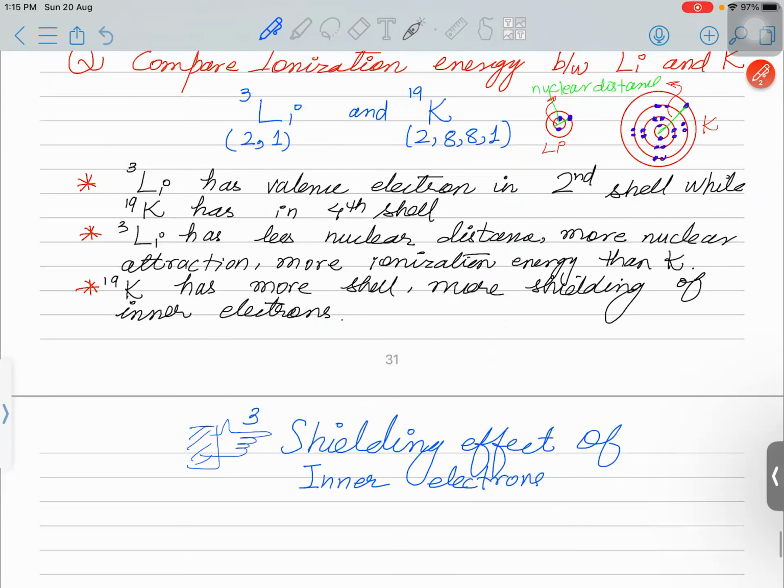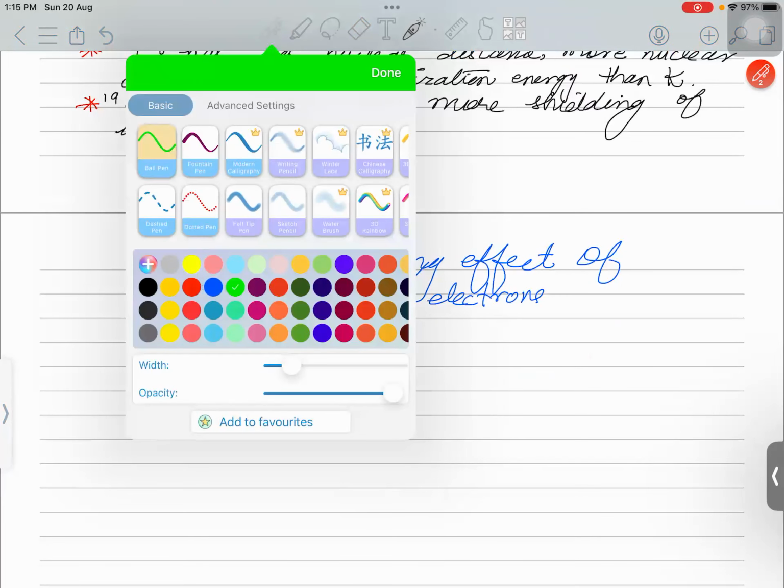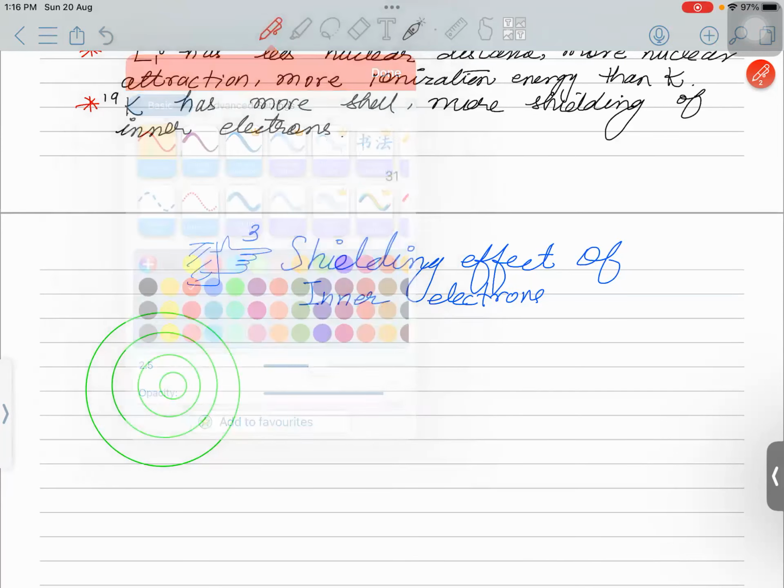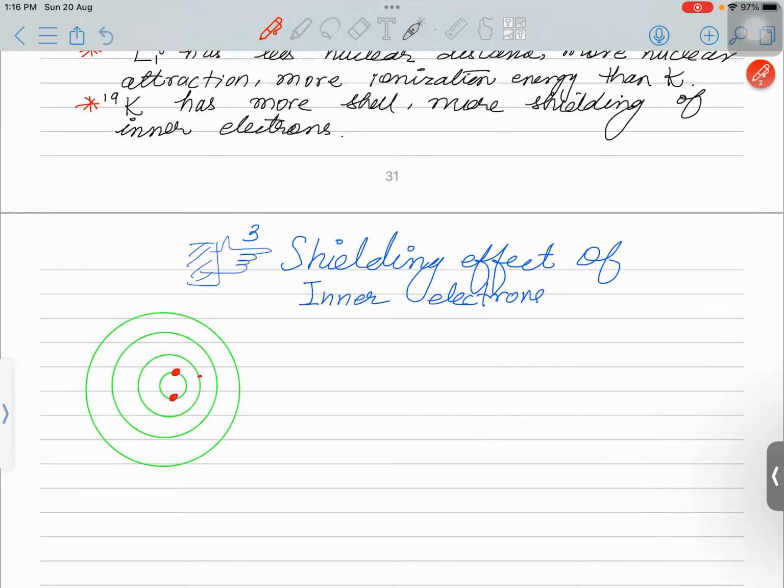Now look at the structure of an atom. This is the second shell, third shell, and then fourth shell. Here we have 2 electrons, then 8 electrons, then 8 electrons, then 2 electrons. Can anyone identify the element?